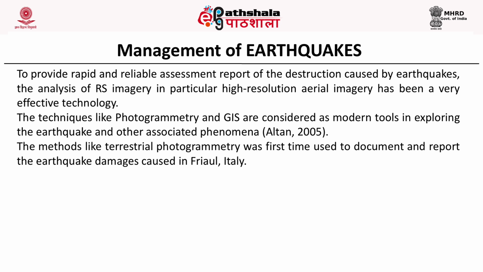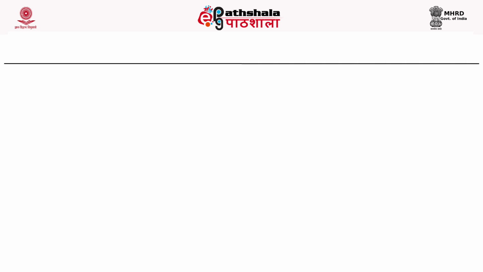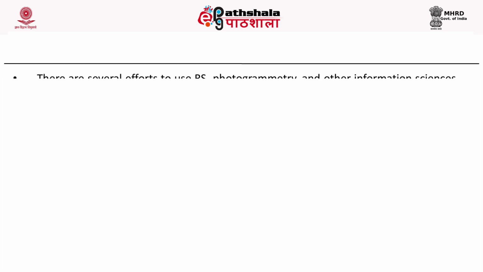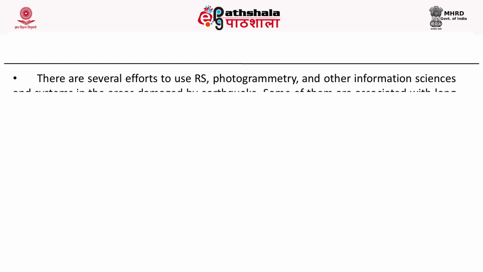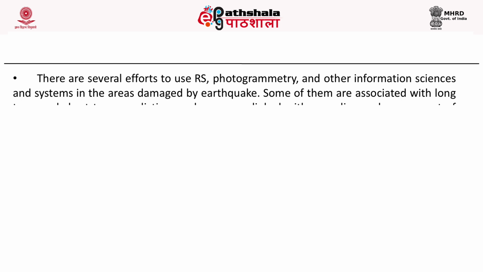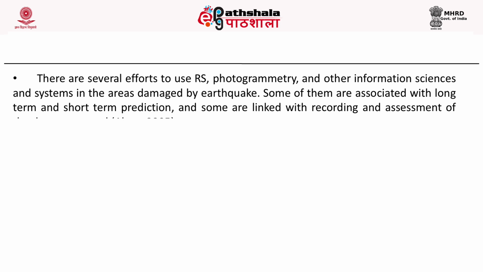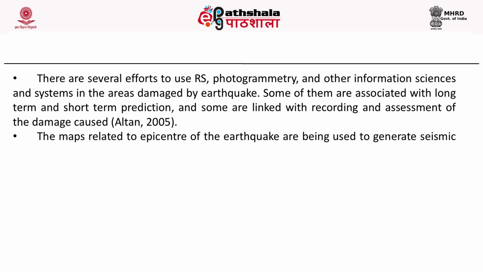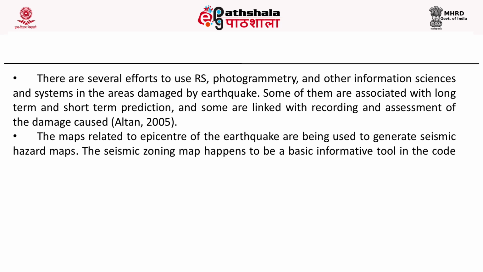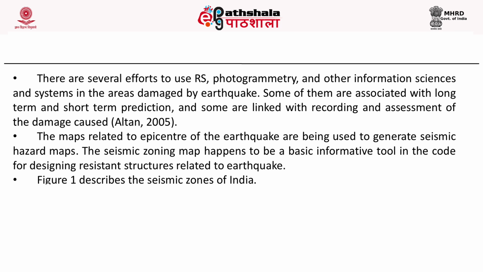The methods like terrestrial photogrammetry was first time used to document and report the earthquake damages caused in Italy. So, currently there are several efforts to use remote sensing, photogrammetry and other information sciences and systems in the areas that are damaged by earthquakes. Some of them are associated with long term and short term prediction, and some are linked with recording and assessment of the damage that has been caused.